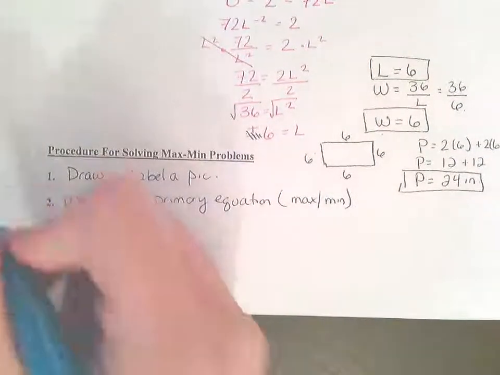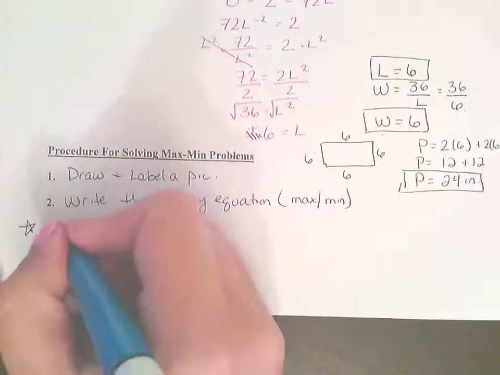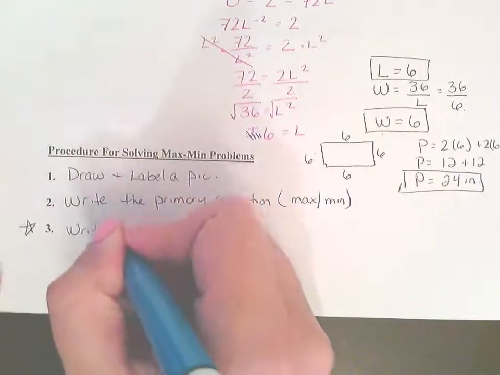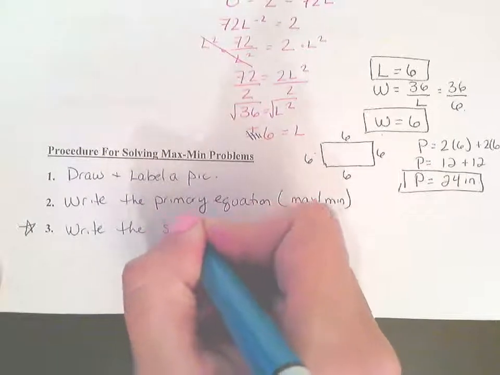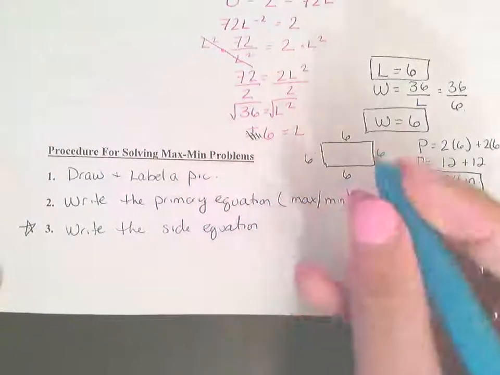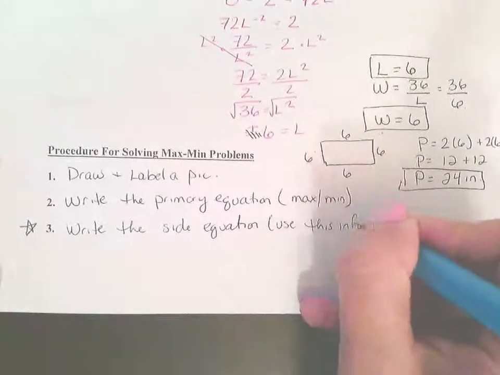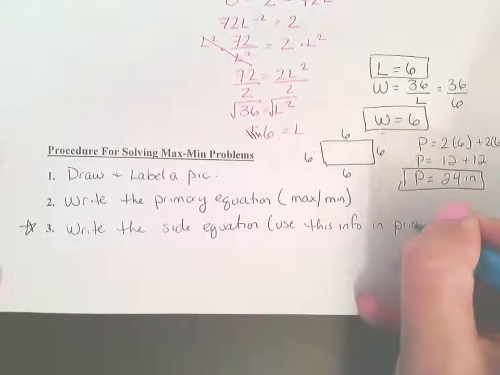And then 3, I'm going to put a star by it, and we'll talk about that in a second, you're going to write the secondary equation, the side equation. You're going to use this info in the primary.